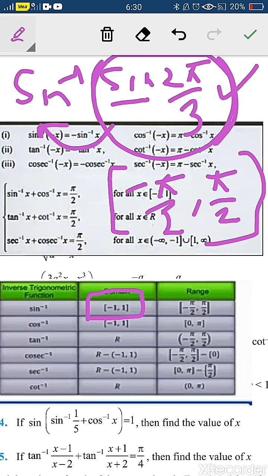Obviously when we solve sine 2 pi by 3, the answer will be in minus 1 to 1. After that we should get the range, the principal value branch, between minus pi by 2 to pi by 2.